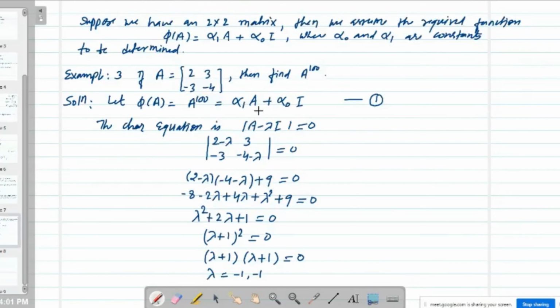Therefore equation 1 can be written as phi of lambda equal to lambda raised to 100, and this equals, here I am replacing A by lambda in equation number 1.